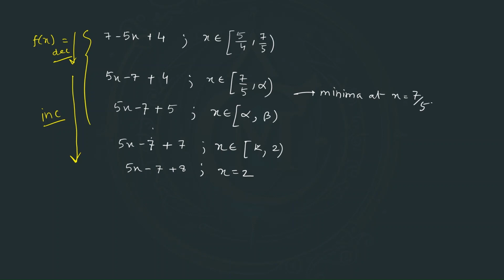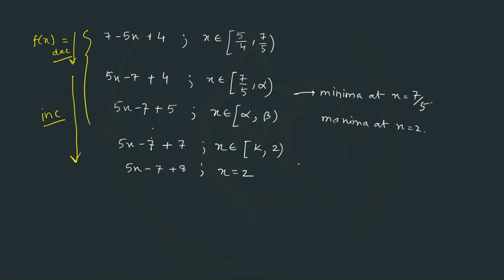And what about the maxima? We can clearly say that as this function is increasing in this direction and as x is positive, the maximum value of f(x) will be obtained when x is equal to 2. So maxima at x equal to 2.